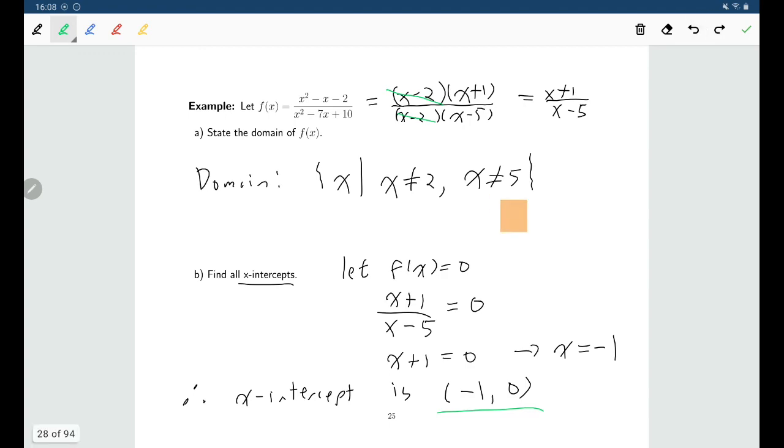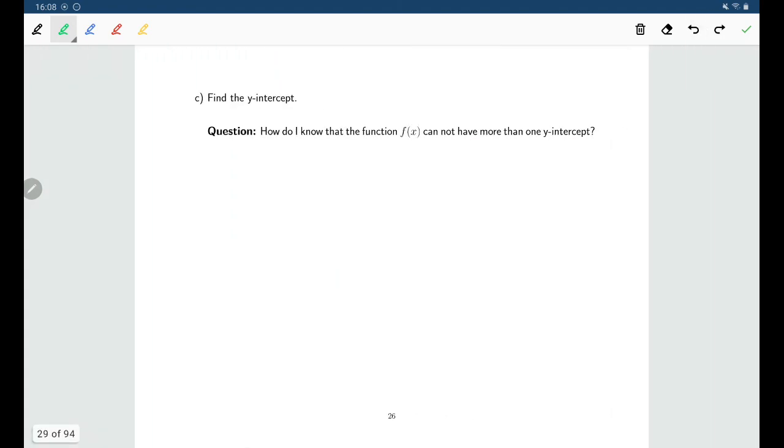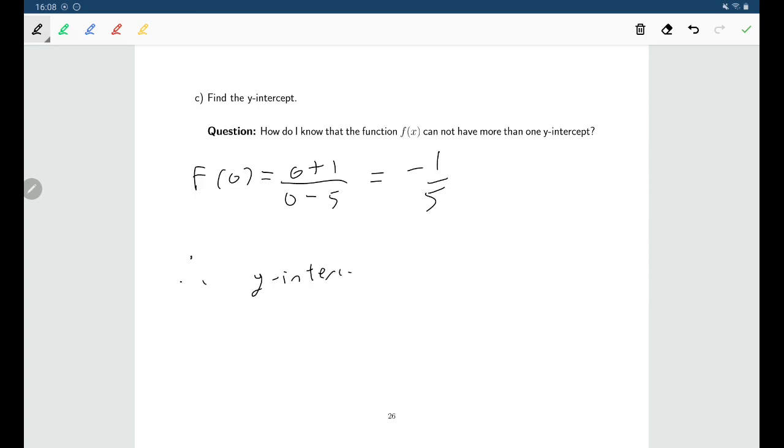It's not one of the excluded values. So I can feel free and go right ahead to take f of x and put 0 in for x. And I have f of 0 is negative 1/5. So that means my y-intercept is the point 0, negative 1/5.